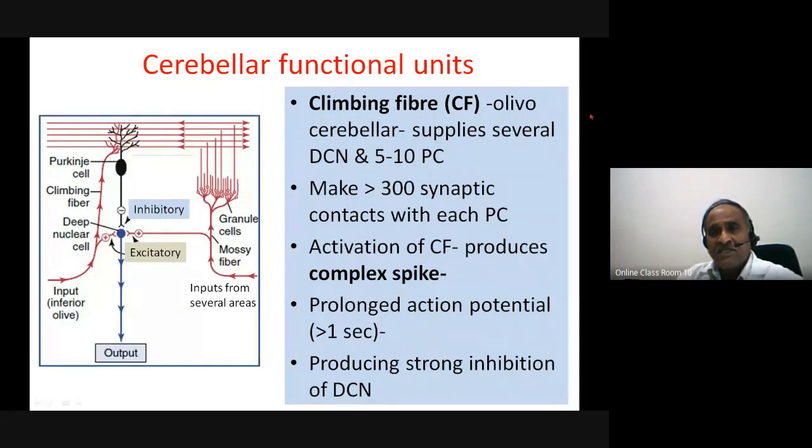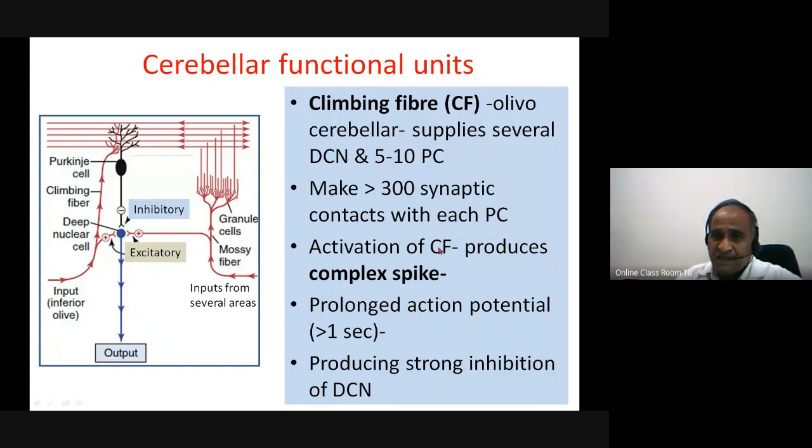Each of these supplies several units of the deep cerebellar nuclei and nearly 5 to 10 Purkinje cells. Each of these has collaterals. With each Purkinje cell, it makes more than 300 synaptic contacts.